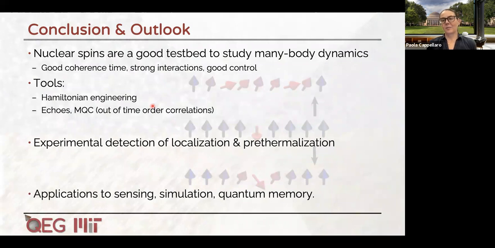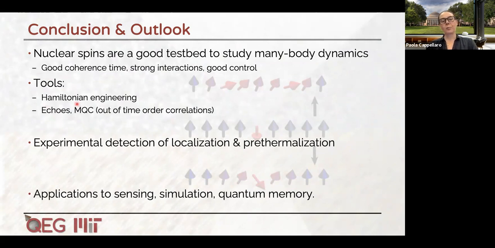And they're good because they have intrinsically very good coherence times. At the same time, they also have strong interaction. The systems are very large. We are really in the thermodynamic limit. And we have a long history of having good control. We can also still come up with ideas to improve the control even more.